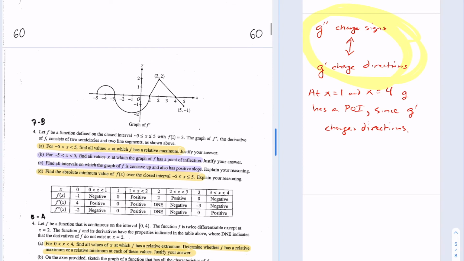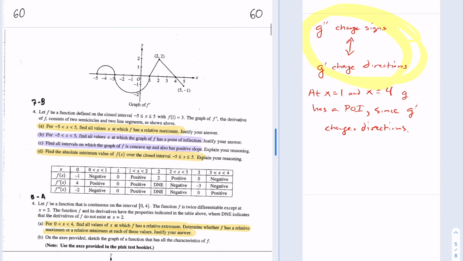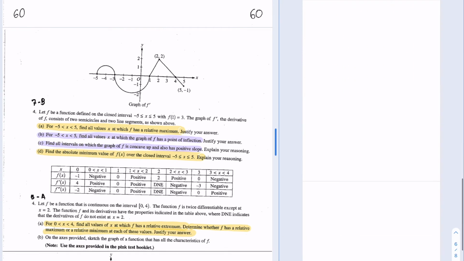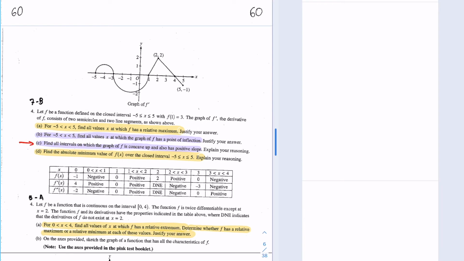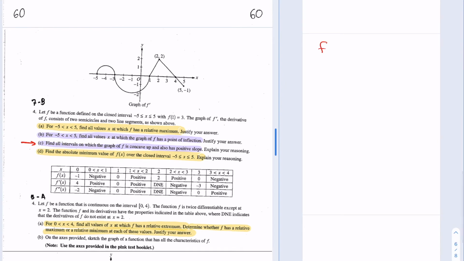I'll do one more. Okay, 2007. I'll do part C. Okay? So part C here, they're asking us where F is concave up and where F also has a positive slope.